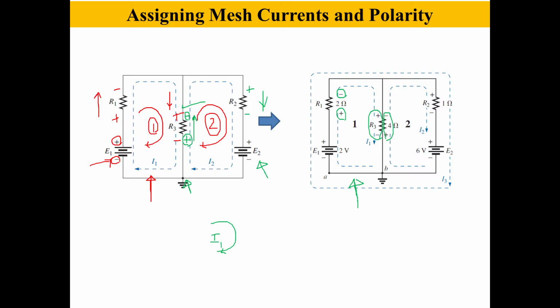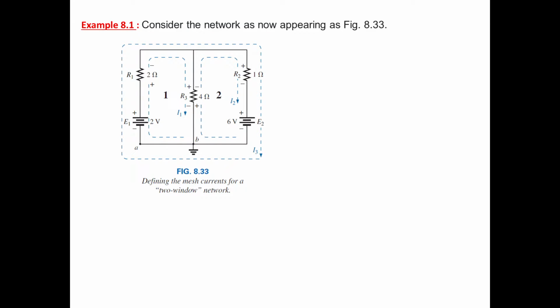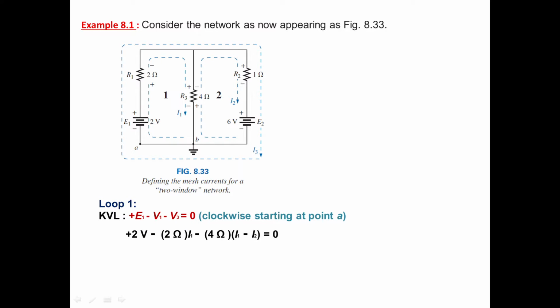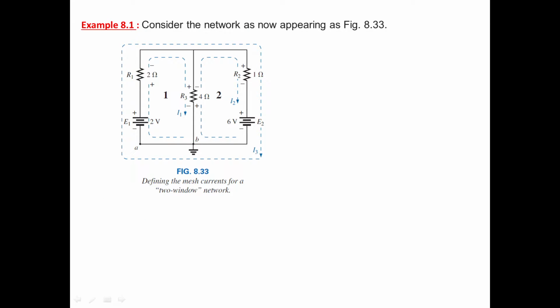Go to the first closed path, or the first window, and mark the polarities for each and every element present in that loop. Repeat this for the other loops. So this completes the first and second steps. These are the two important steps that we are going to follow in mesh analysis. Now let us take this circuit, and we are supposed to solve this and find the values of the currents I1 and I2.